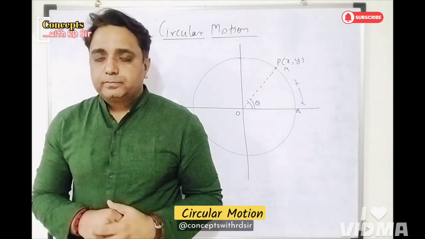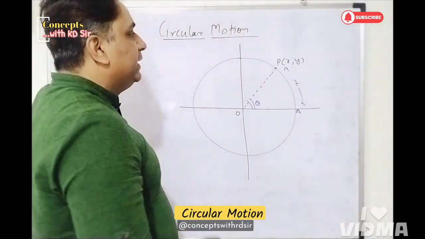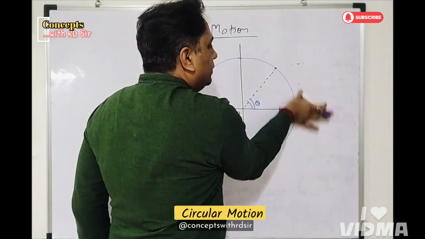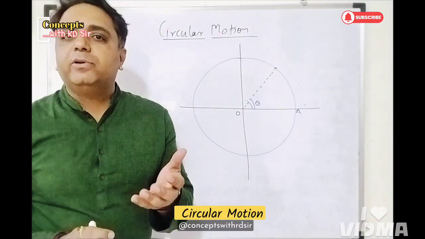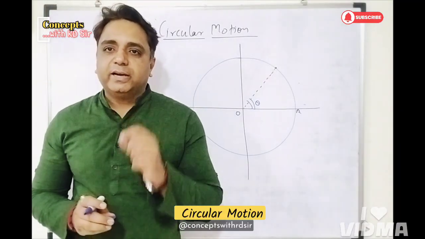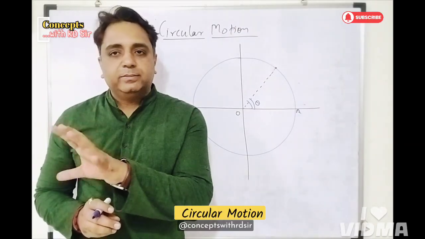Now, one very important thing. Suppose a particle is moving here in this way, and I want to find the velocity. I am discussing in terms of speed; why am I not discussing in terms of velocity? Because velocity is a vector quantity and it requires both magnitude and direction.